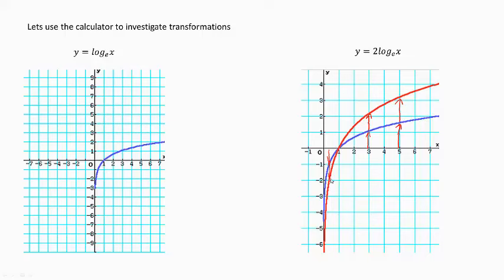It's twice as far from the x-axis. So that's what we call a dilation by a factor of 2 from the x-axis.